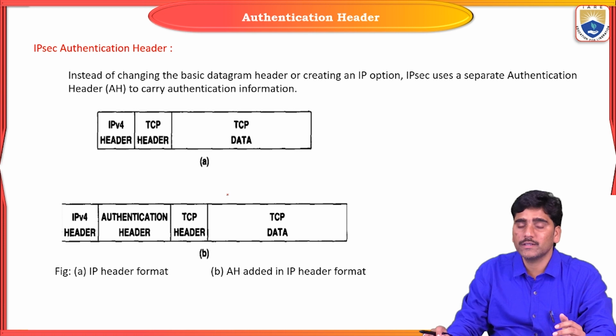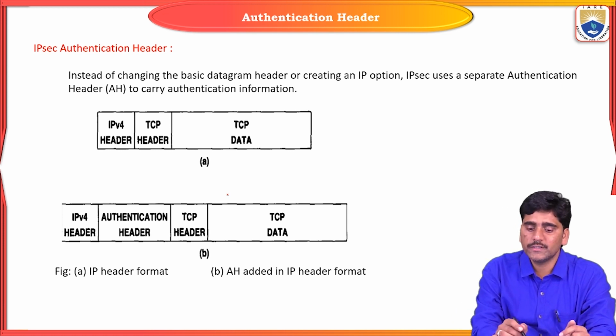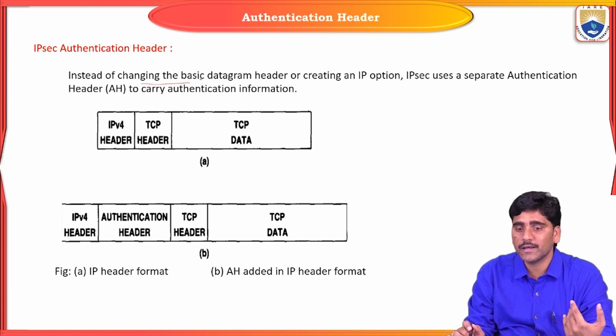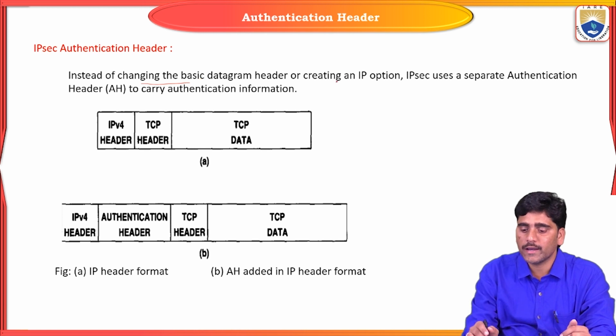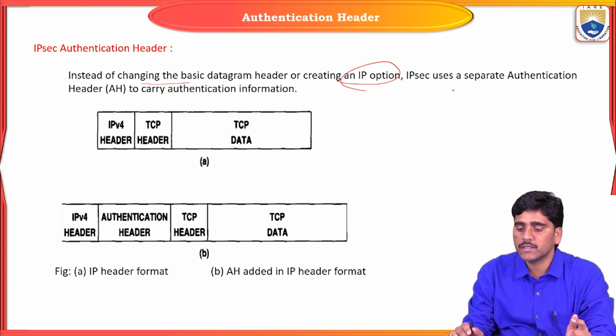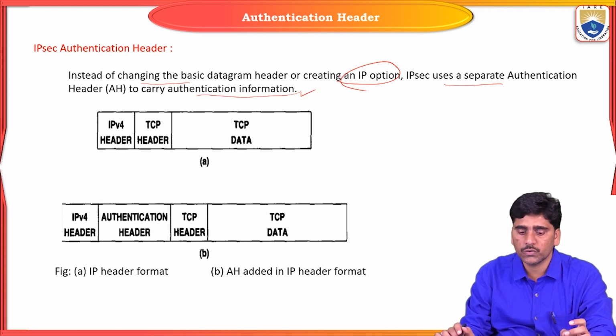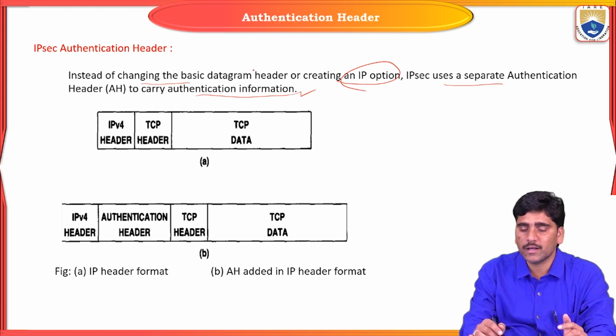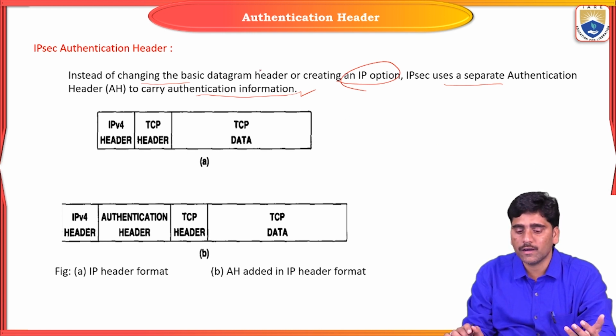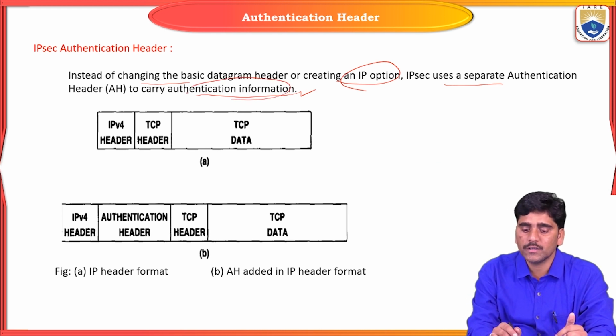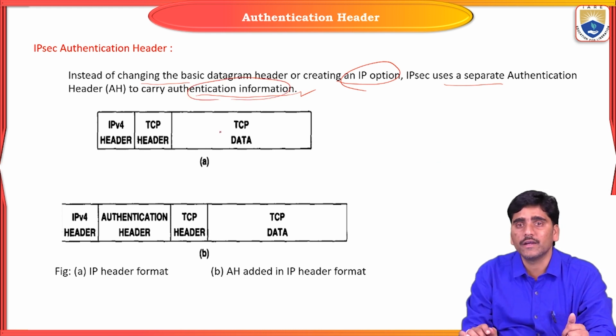Now, the IPsec authentication header. Instead of changing the basic datagram header or creating an IP option, IPsec uses a separate authentication header to carry authentication information. It doesn't change any other datagram header; it directly carries the authentication information with the help of the authentication header.